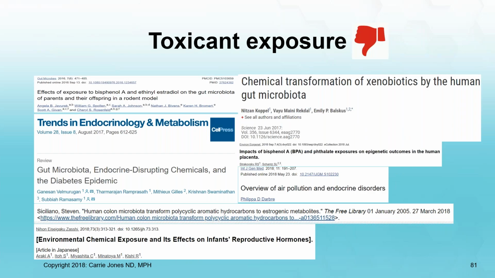And if you just do a quick search on toxicant exposure and its effect on hormones, on the gut microbiome, on the endocrine system, they're called endocrine disrupting chemicals for a reason. And our poor little endocrine system does not need to be disrupted any more than it already is. So talk with your patients about, again, what do they use?